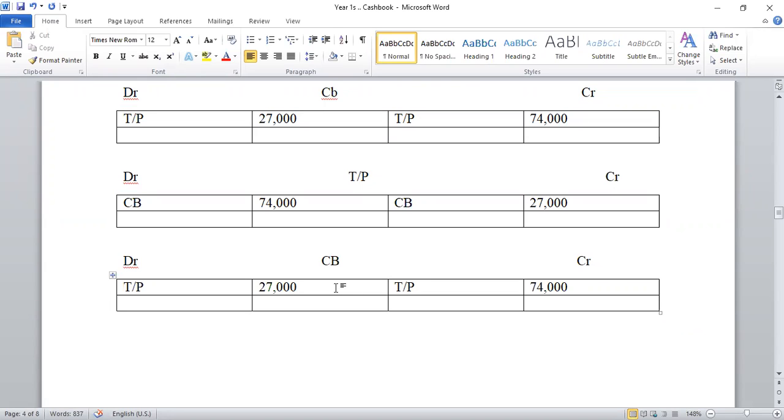So we're saying, if the credit side is undercast, for example, if this is 19, this side will be 10,000, the debit side and credit side. We are saying that the credit side is undercast by 9,000.